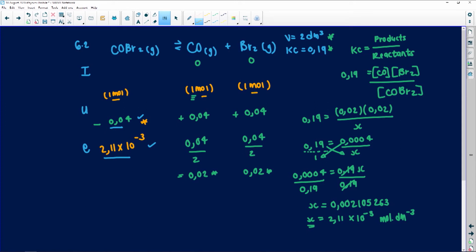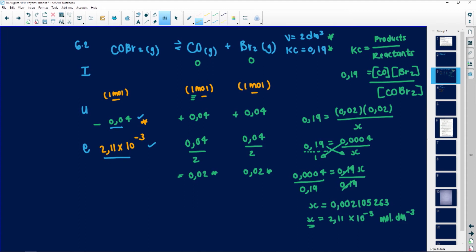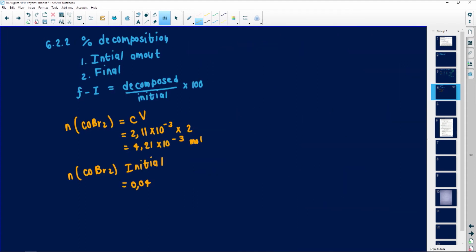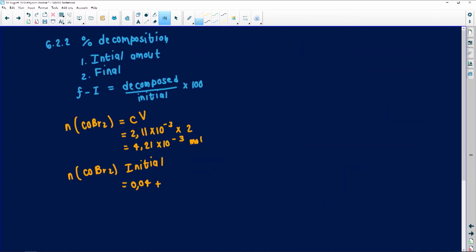So I've got that one, and I'm going to say plus the initial ones of 4.21 times 10 to the negative 3. So that is then your initial moles. Working it in my head, I'm going to get 0.044 if I move my comma, and that gives me my answer in moles.